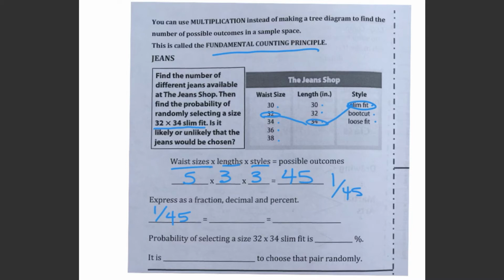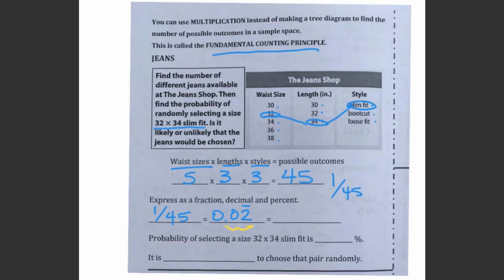So let's look at that as a decimal. Remember, that fraction bar is a division sign, so let's take 1 divided by 45. We get this decimal of 0.02 that repeats. And lastly, let's convert this number into a percentage.